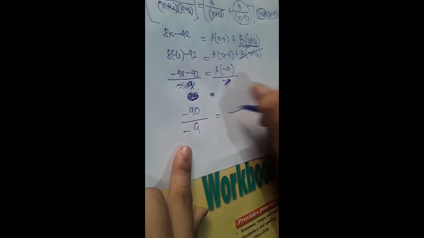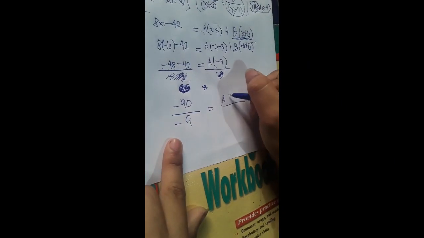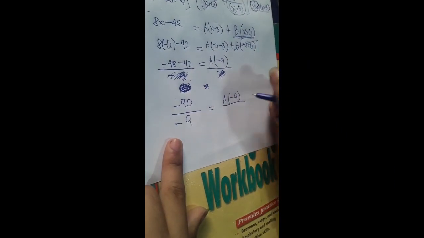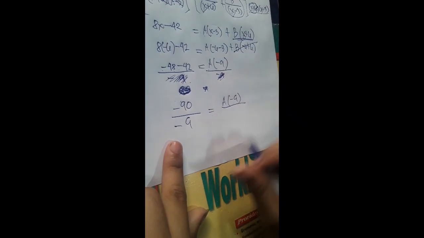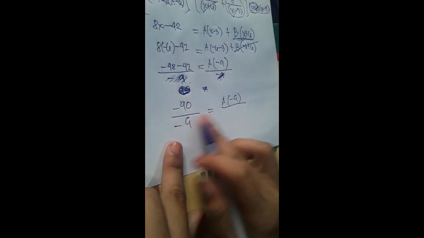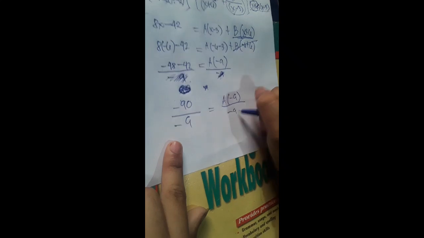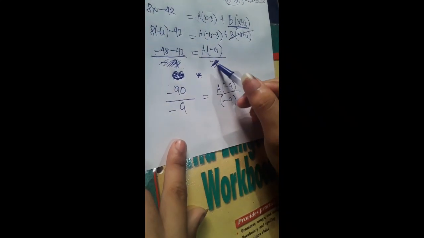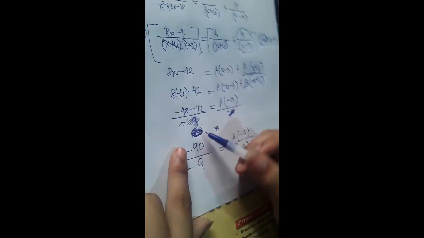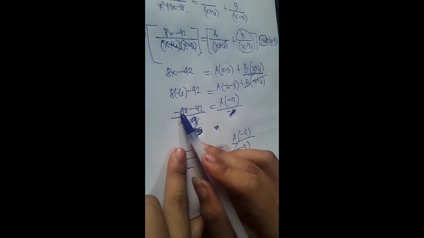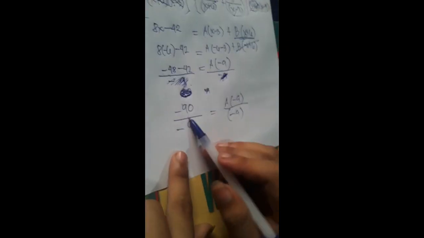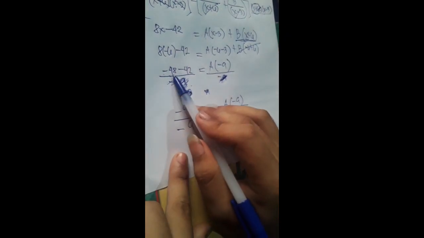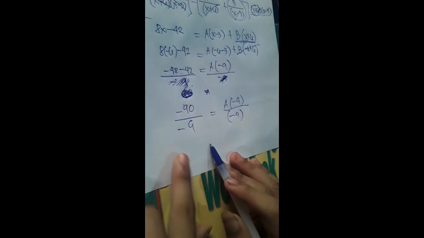So we copy this one, a times negative 9, and we divide both sides by negative 9. Sorry for this one, because we didn't simplify this already. So this will be the simplification from this value.